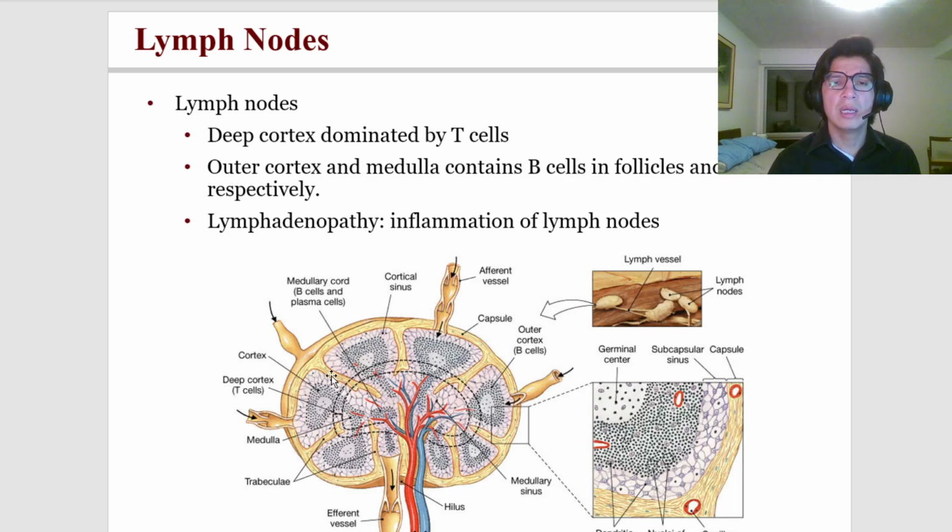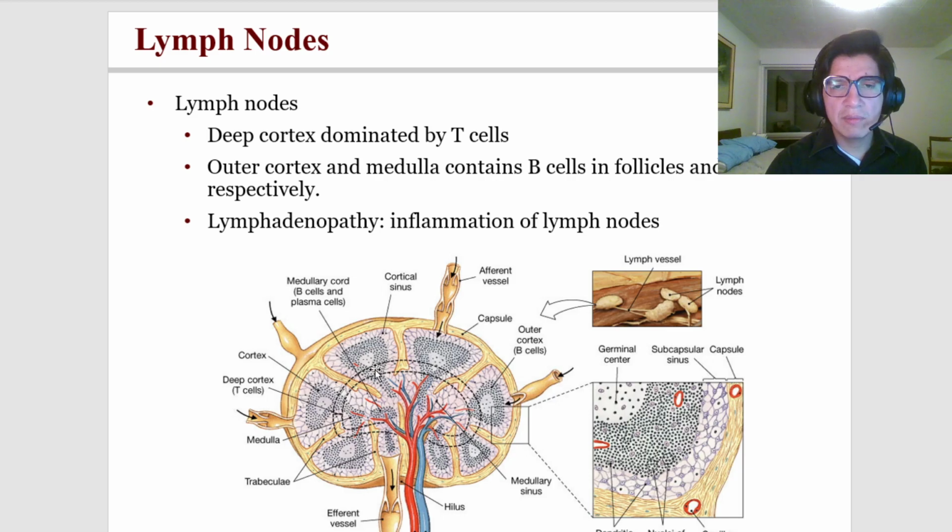You have your T and B lymphocytes located in specific regions within the lymph node. So here in the cortex, you see these follicles that contain B lymphocytes on the exterior, and they contain a germinal center in the middle that gives rise to more B lymphocytes.